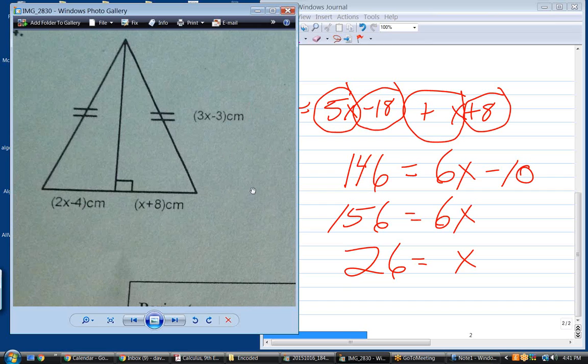Not quite sure. We haven't gone over stuff like this yet. Well, hold on one minute. Let me think about this problem for a second. Well, what it means is that it bisects the base.